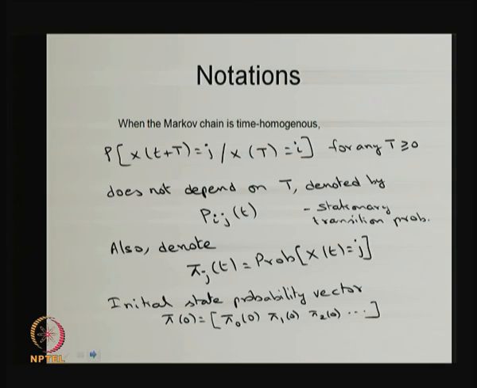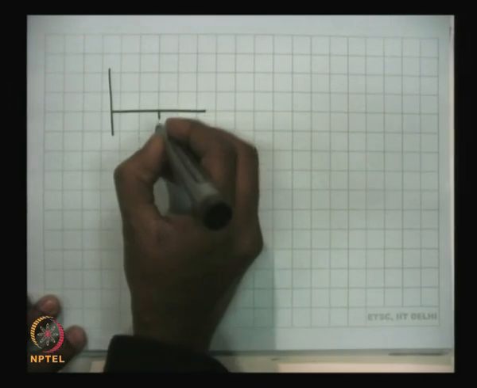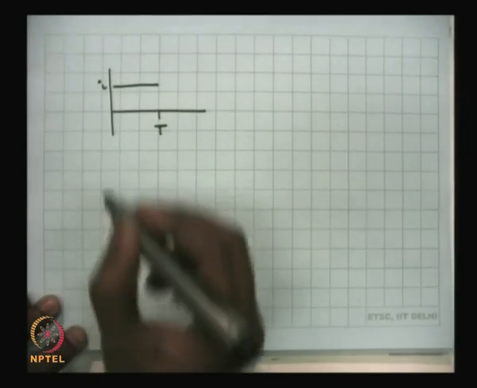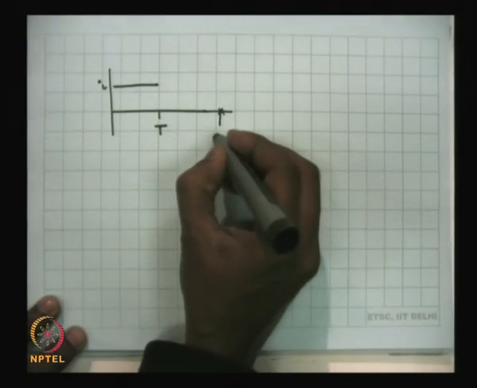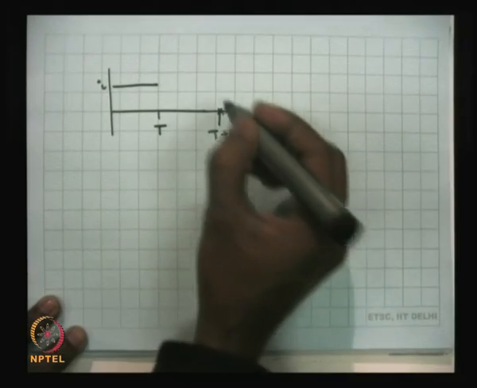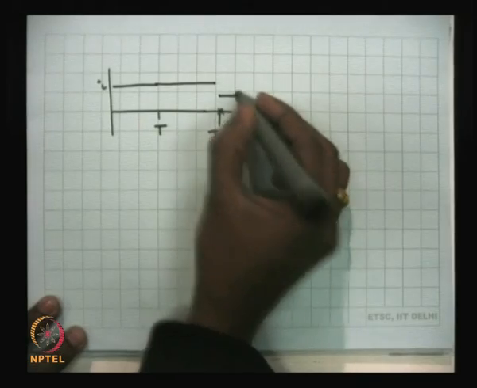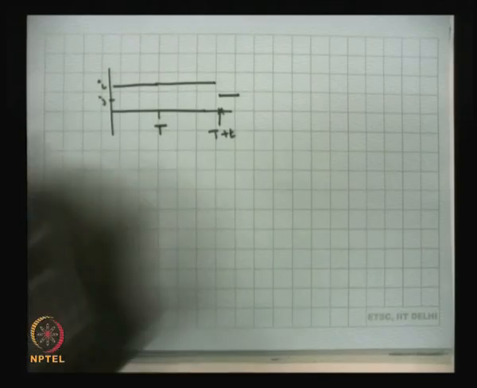This transition probability says the system was in the state i at the time point T. Let me draw a simple diagram. The system was in the state i at capital T, then what is the probability that the system will be in the state j at the time point t plus T?